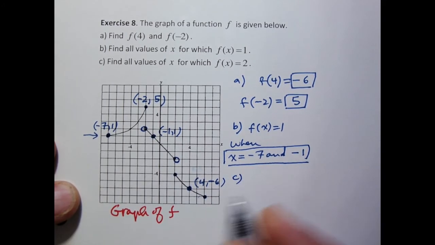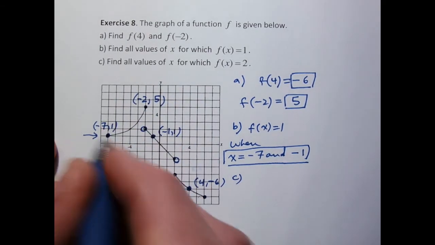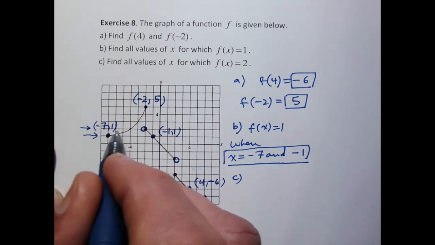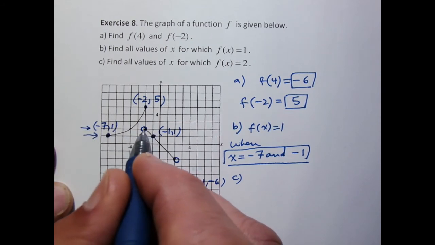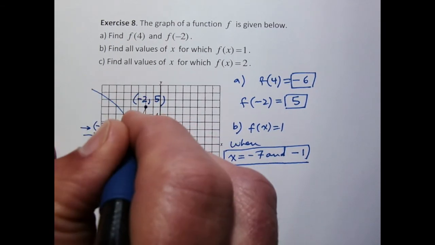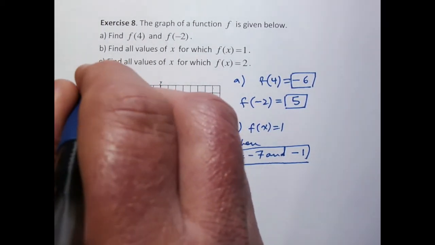And C is just a similar kind of thing here too. Find all values of x for which f of x is equal to 2. So we're just going to go up one more level horizontally here. And now we don't include the open circle, but we do touch the graph at this point right here. That point looks like it has coordinates negative 4, 2, right?